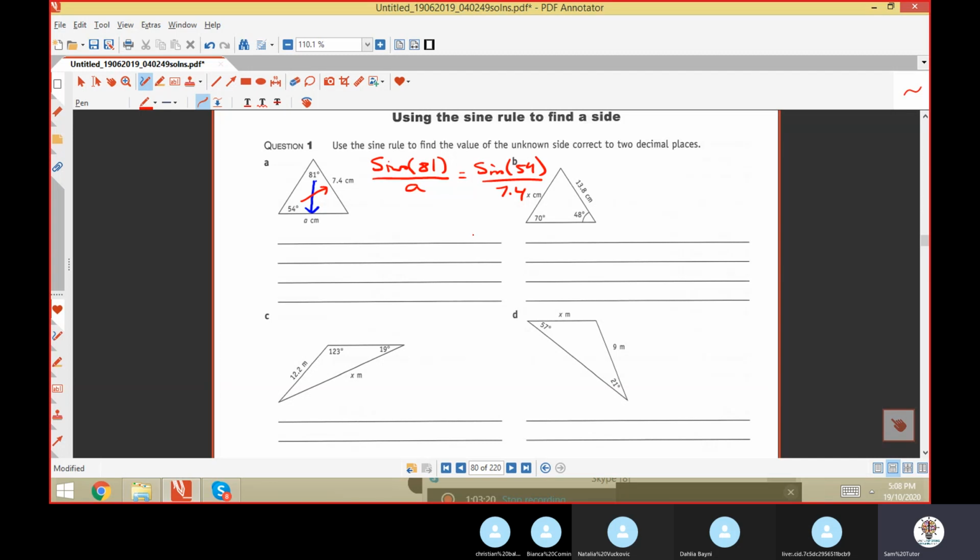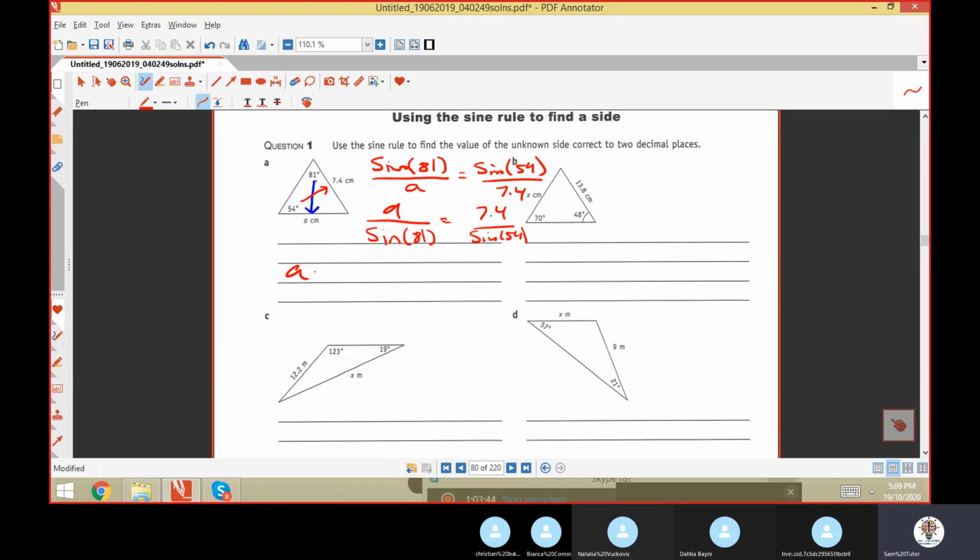So, that's another way that some textbooks will write it. But look, just pay attention to the screen, I'll show you how to solve it. So now you have to make A the subject. How do you make A the subject? I'm going to flip both of them upside down and then chuck over. So A over sine 81 equals 7.4 over sine 54, and it would be times sine 81.